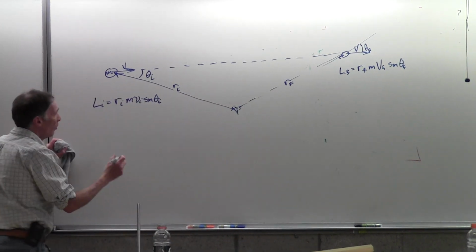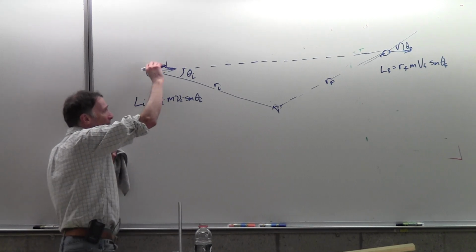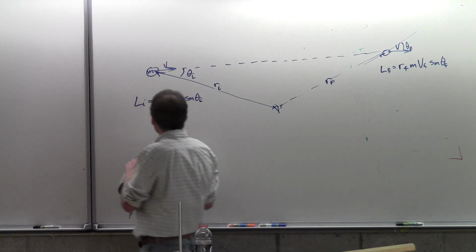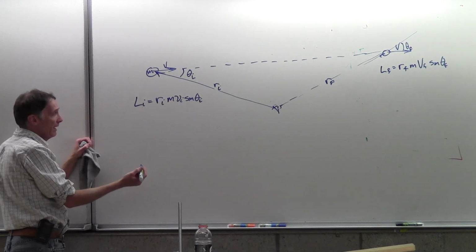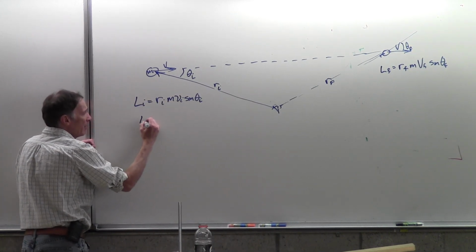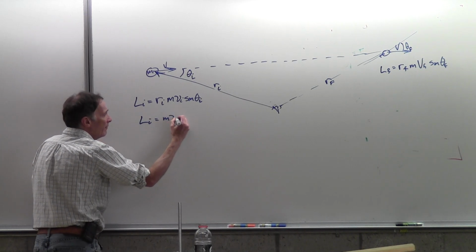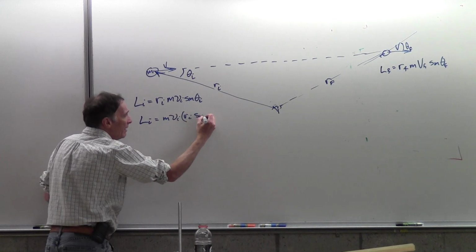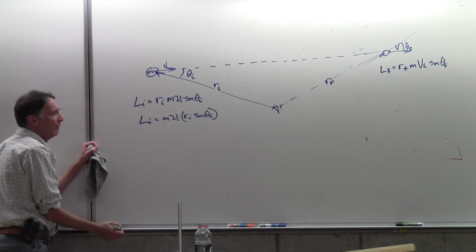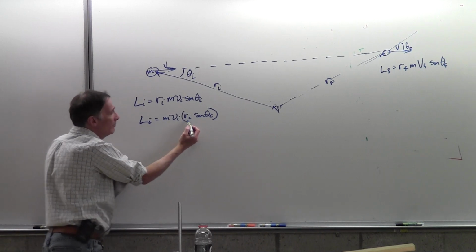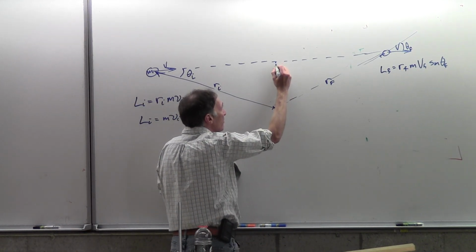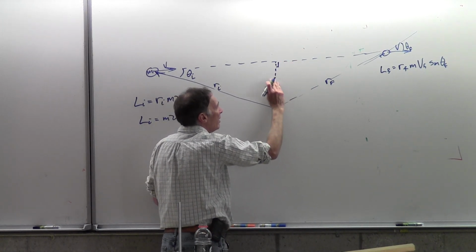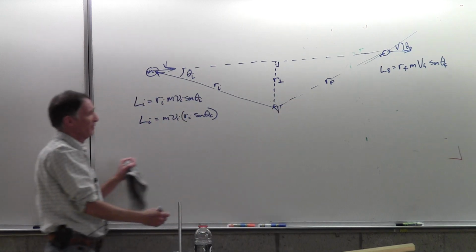Now, as this is coming across here, theta is changing, R is changing, so it looks like we don't have conservation of angular momentum. But if we take this, R initial is equal to M V initial, and I'll group R initial with sine theta initial. This quantity is related to something I'm going to call R perpendicular.